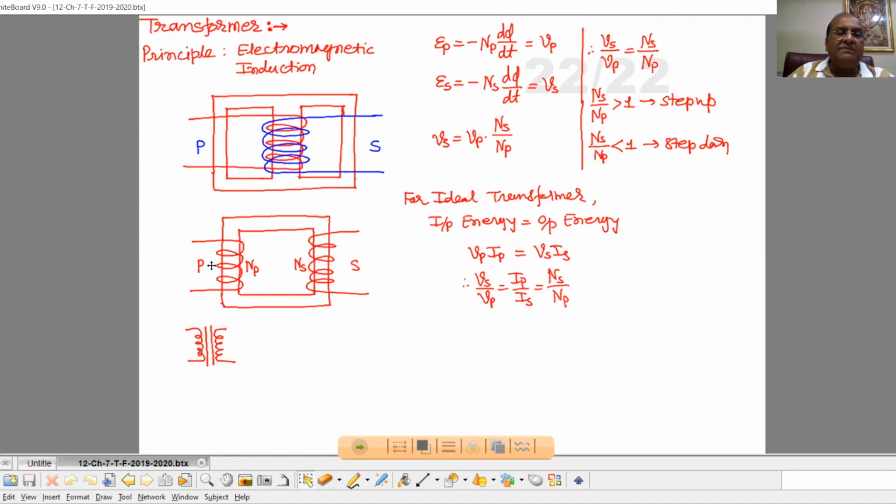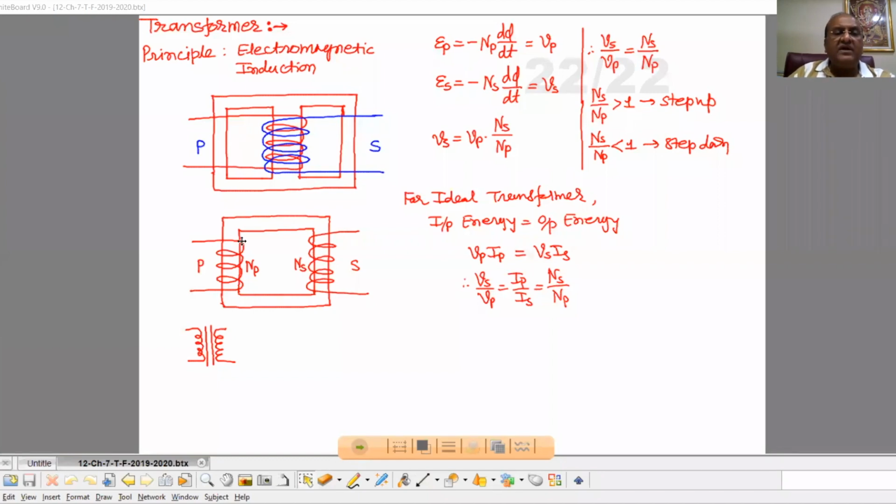But now if the supply given to this one is continuously changing, means AC supply, then the flux associated with this primary coil is also changing. So here across the primary coil, the EMF is minus NP d phi by dt, that is also represented as Vp.